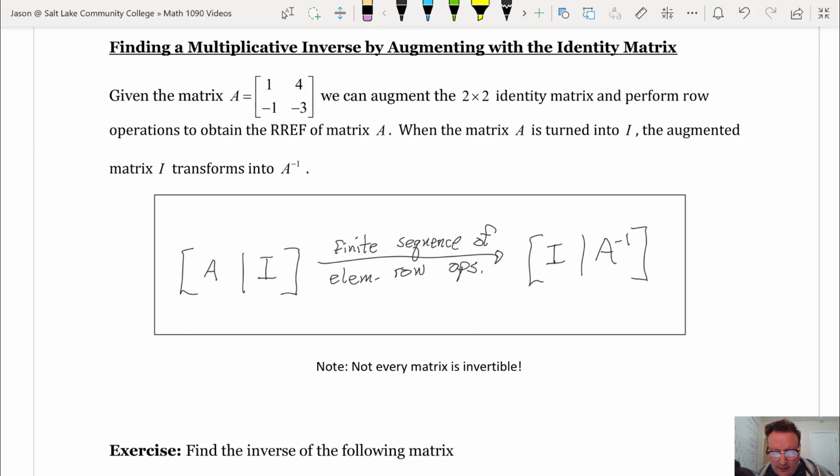The basic idea is you want to go from the augmented matrix on the left to the augmented matrix on the right, and this I here should be the reduced row echelon form of matrix A. If the reduced row echelon form of matrix A is not the identity matrix, this method will fail. You will not be able to compute the inverse. No method will be able to do it. The matrix is not invertible.